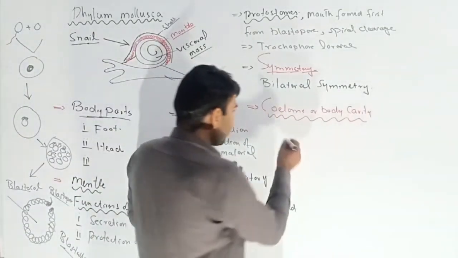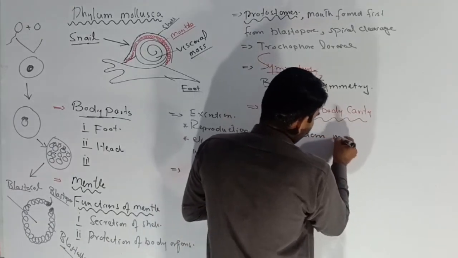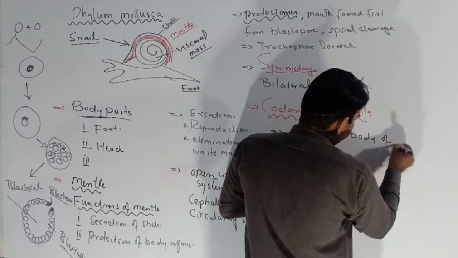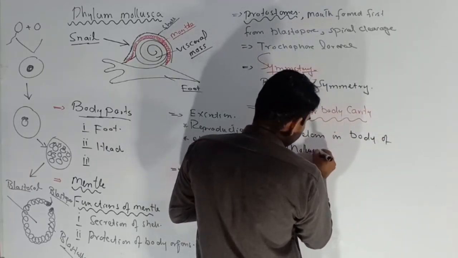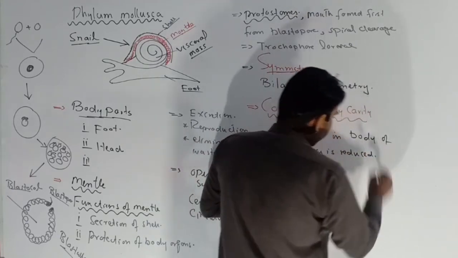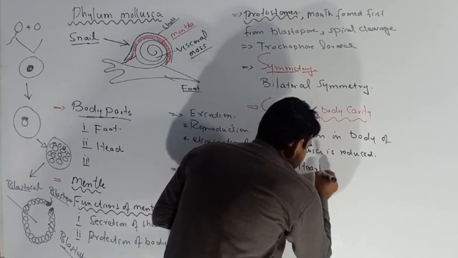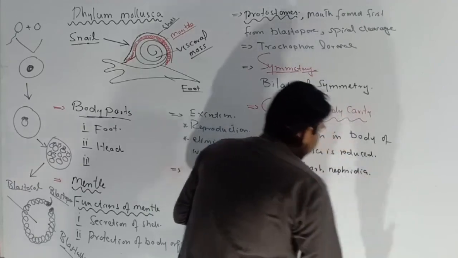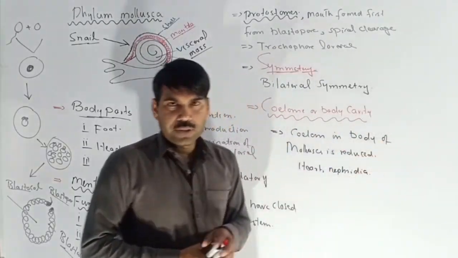So we can write here: the coelom in the body of a mollusk is reduced and contains the heart as well as nephridia, and it also involves some other functions of the body.